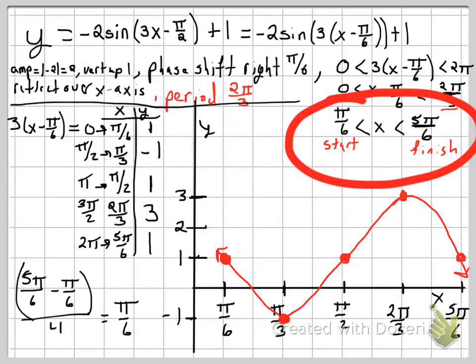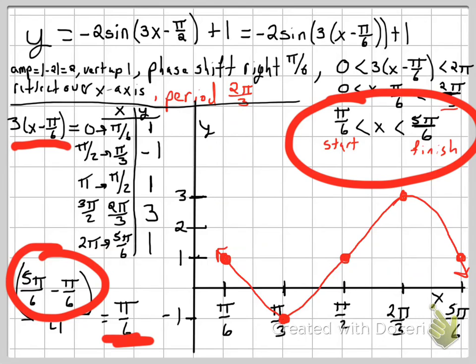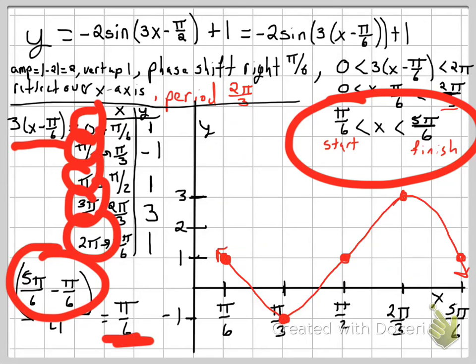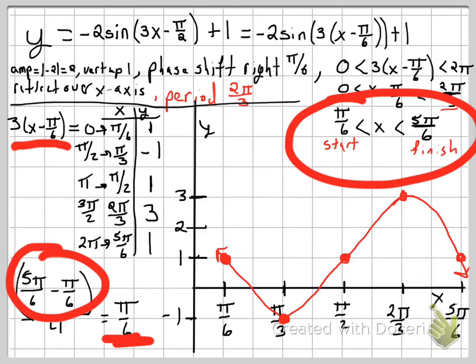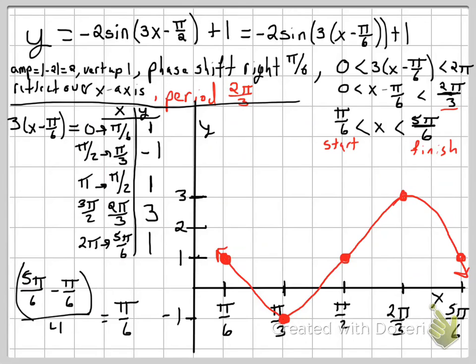Then you take the difference of your endpoints and divide it by 4, and that'll tell you how much you're increasing by. Alternatively, you can just set the argument equal to our 5 points, the 0, pi over 2, pi, 3 pi over 2, and 2 pi. It just takes a little bit of practice, and that's why there are quite a few homework problems to go through this process. And it's kind of fun too.